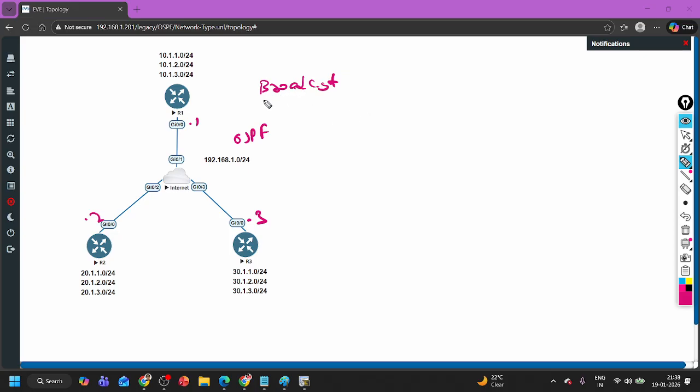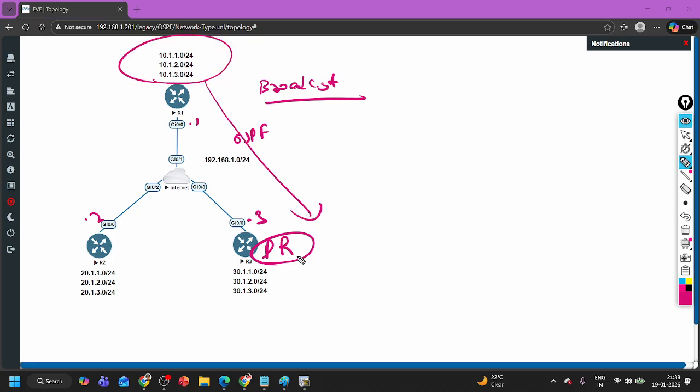Now, if network type is broadcast, DR/BDR election will happen. Router 3 has, let's say, higher router ID. Router 3 will become your DR. Right? Now, R1 is going to advertise its prefixes to the DR router, and it is the responsibility of the DR to advertise them to the other side. Can this DR router advertise prefixes to the other spoke router? No. Protected.